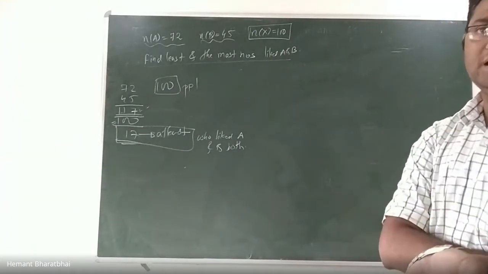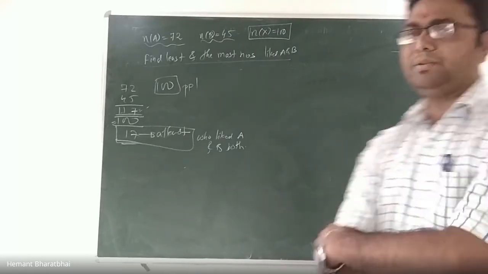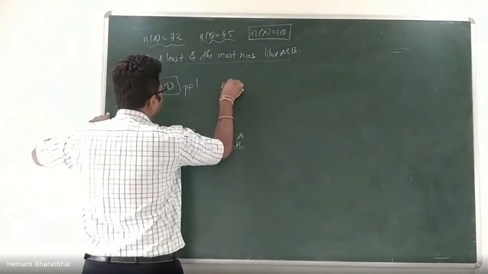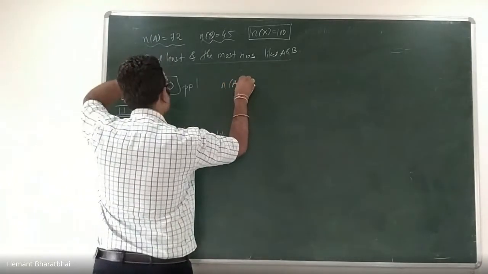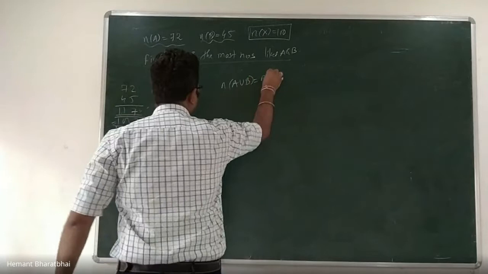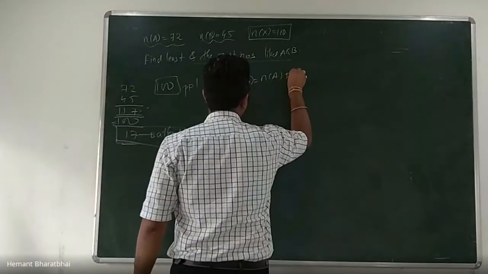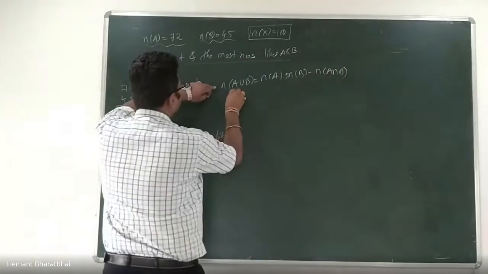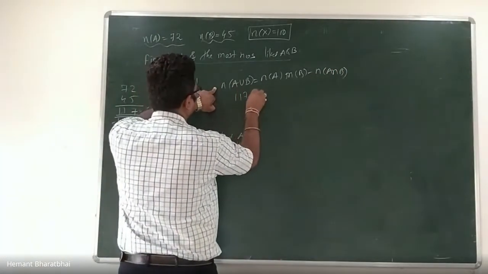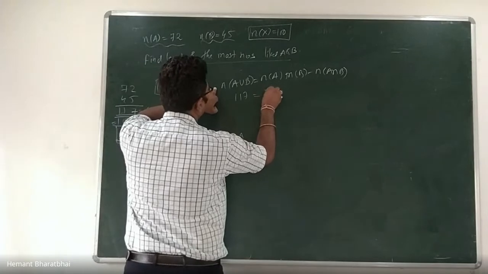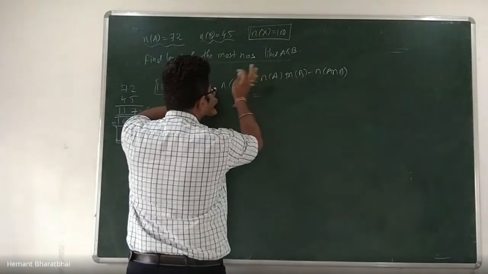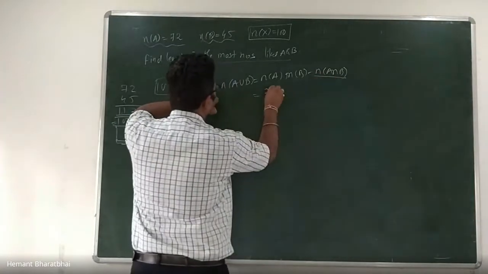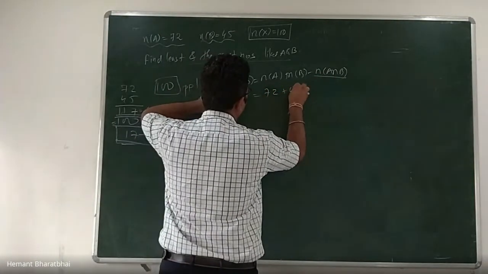so we get the number of elements in A intersection B. So if you just go with the formula, you write it as number of elements in A union B is equal to number of elements in A plus B minus A intersection B. So this turned out to be 117 is equal to 72 plus 45.